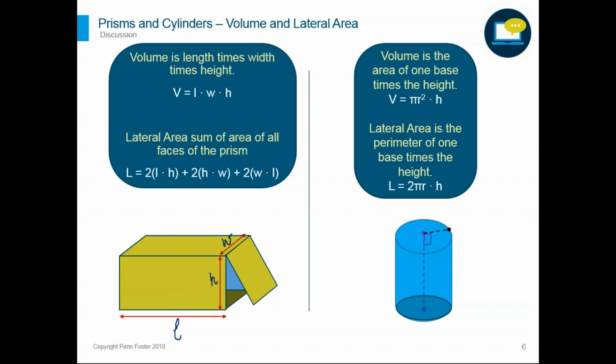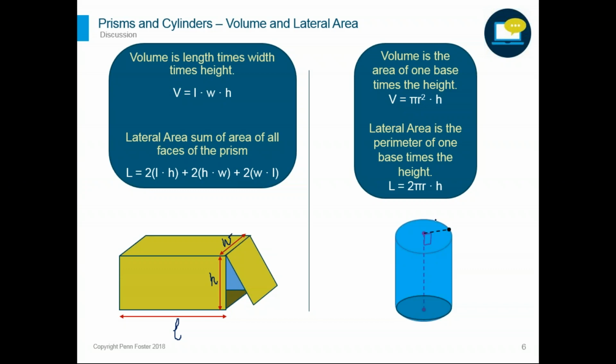Now for the cylinder, it's the same idea, but because the bases are circles, you need to use the formula for area or the formula for circumference if you need to find the volume or the lateral area. So the volume of a cylinder is the area of one base times the height. If you have the radius of the base, you're able to use pi r squared to find the area, and then times the height, and that will give you the volume of that cylinder.